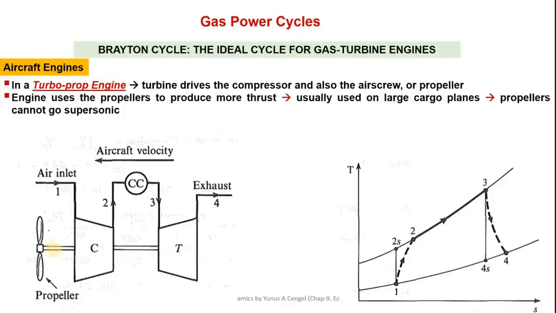Here the turbine work is actually used to drive this propeller, and this propeller is making the air flow in this particular direction, changing the velocity of the air, and as a result a thrust is produced. So a larger thrust can be obtained but at low velocity, right? It is just like a diesel engine versus a petrol engine.